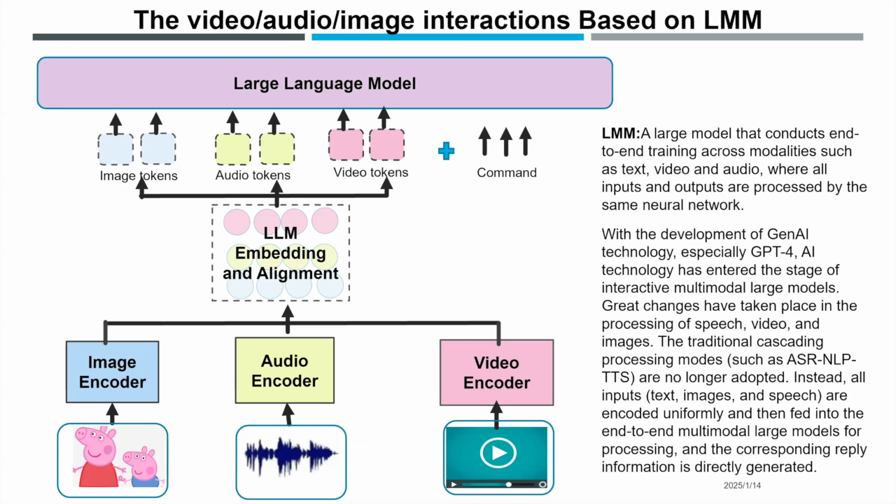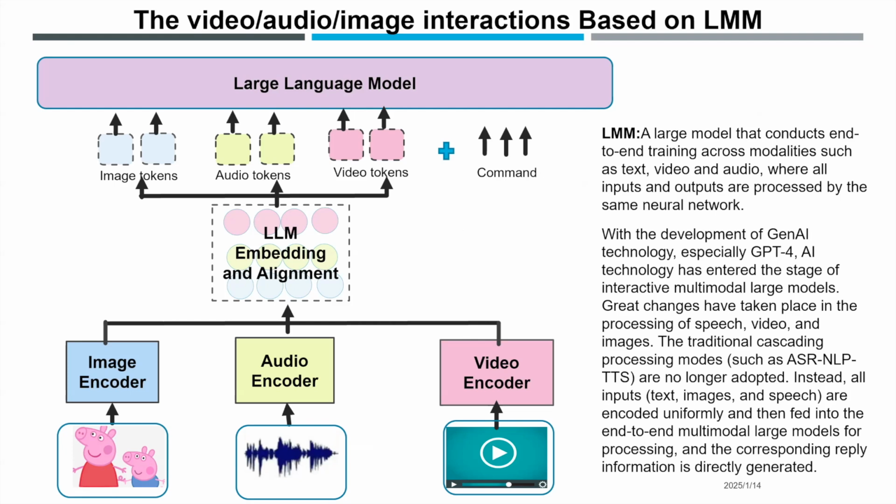In this figure, you can see the image, the audio, and the video all go through this large multimodal model. This is the definition on the right: a large multimodal model conducts end-to-end training across modalities such as text, video, and audio, where all inputs and outputs are processed by the same neural network.